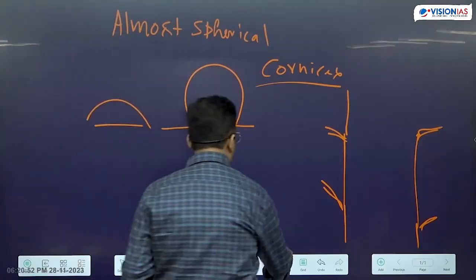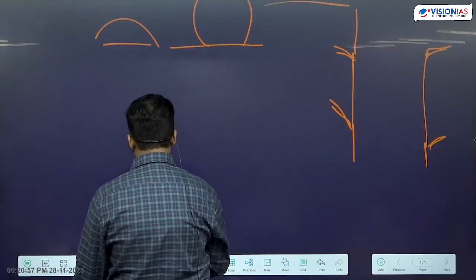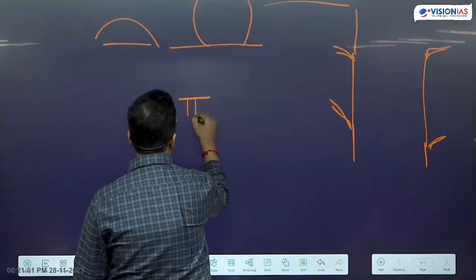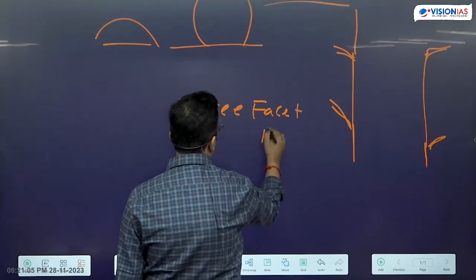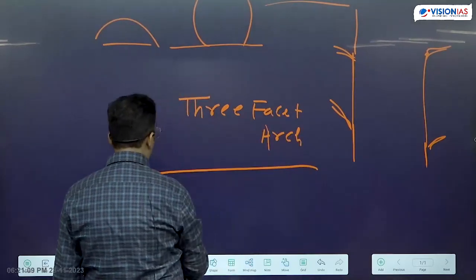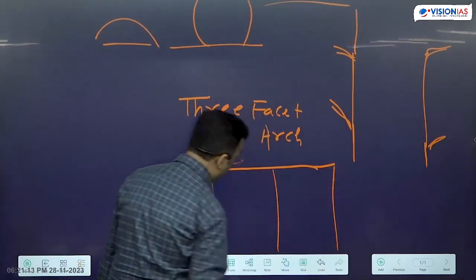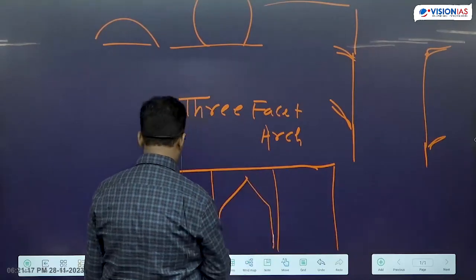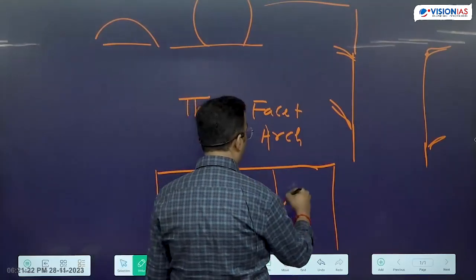Another thing, one special design in this area was the 3-facet arch. Just understand what a 3-facet arch is. Three arches would be created in the buildings, like this. Okay? But not all of them are functional.